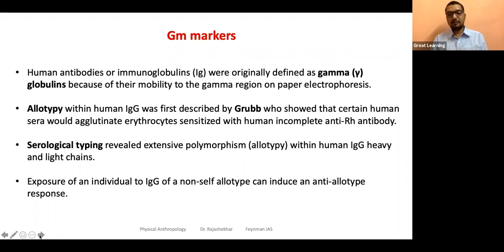Remember, we talked about different types of antibodies, IgA, IgD, IgE, IgG, IgM. Out of those, IgG is called gamma globulin. So we're talking about the variety or polymorphism with respect to a particular class of immunoglobulin, a particular class of antibodies called IgG. So the human antibody is immunoglobulin G. It's gamma globulins.